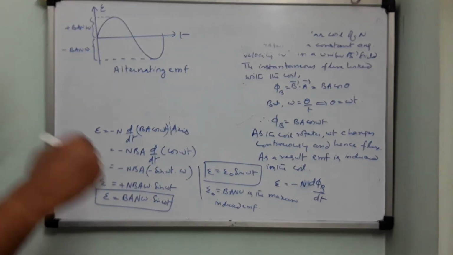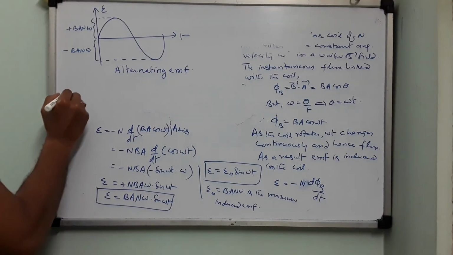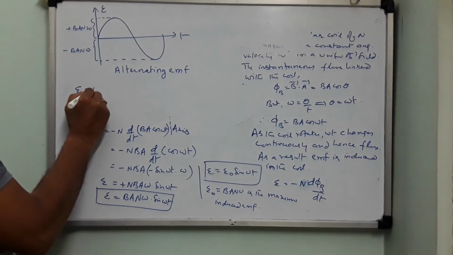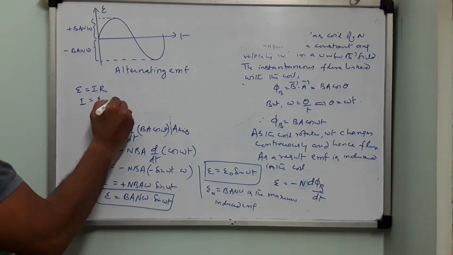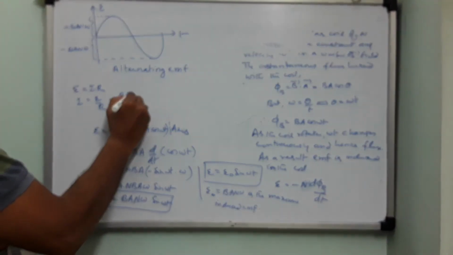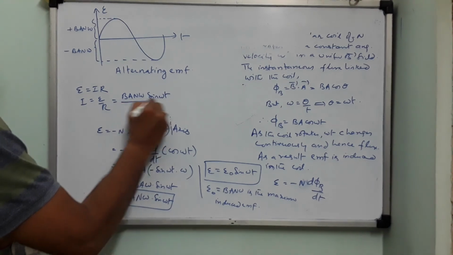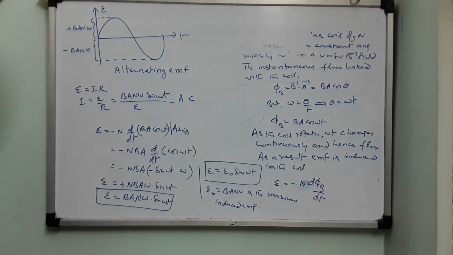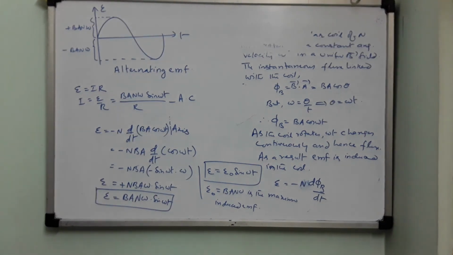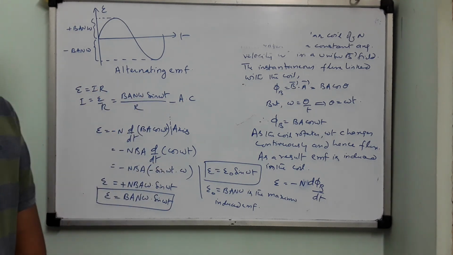If you know the resistance that is connected across the armature, then according to Ohm's law, E equals IR, so I equals E divided by R, that is nBA omega sin omega t divided by R. This is called alternating current, AC. This is what we produce in the generators. Okay, so the AC generator basically works on this principle only.